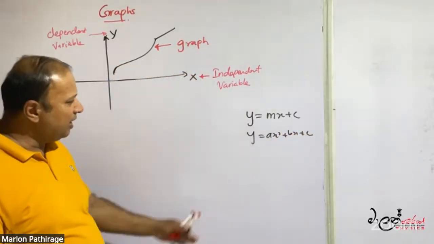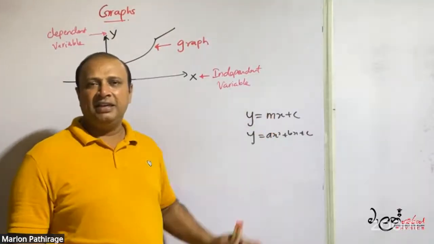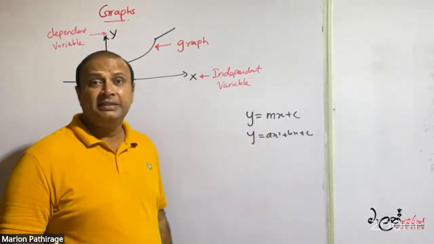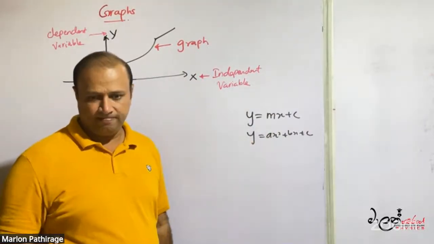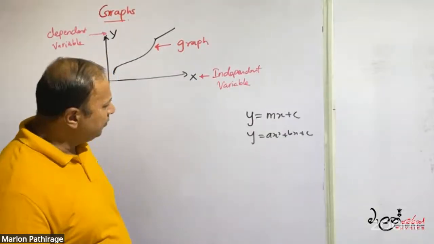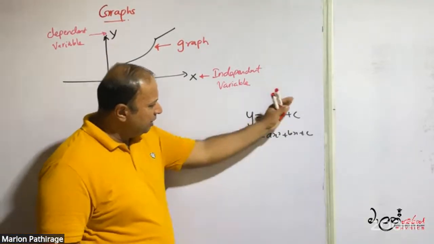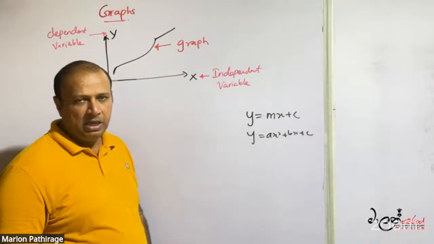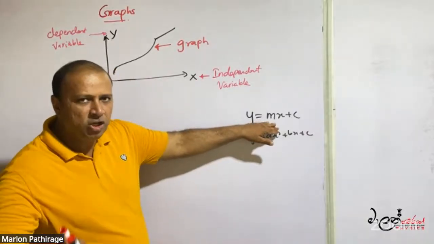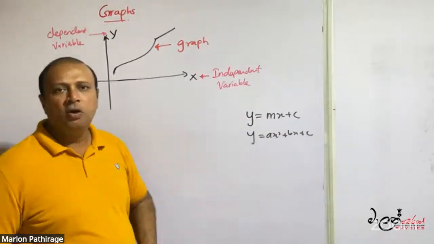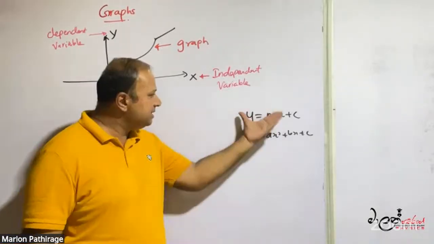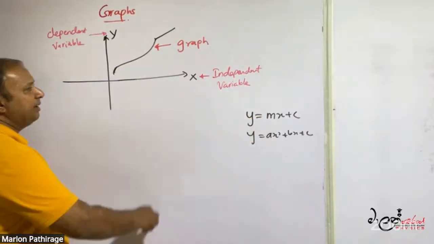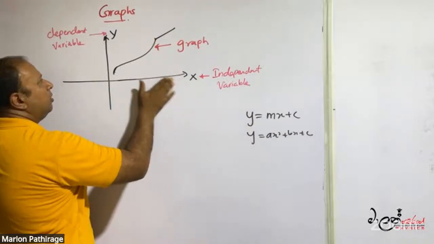You have drawn a linear graph as well as a quadratic function. This kind of relationship can be plotted on Cartesian coordinate.